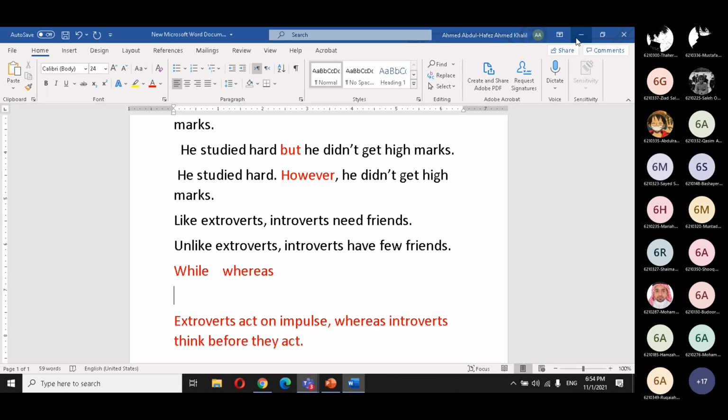If I say, for example, iPhone mobile phones have good security, whereas Samsung mobile phones have low security applications. Okay, so you are comparing. When you use whereas, it means that you are showing the differences.